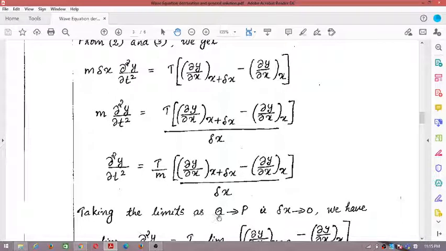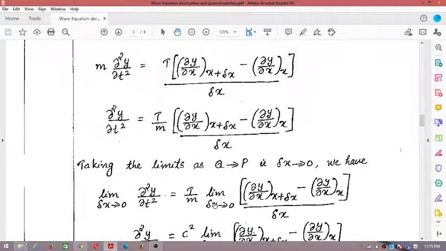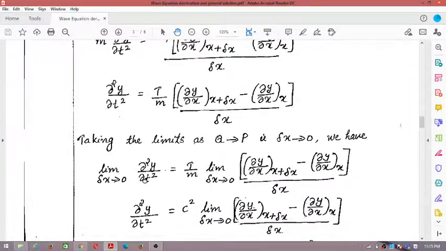We take the limit as Q tends to P. When Q tends to P, we can see that delta x tends to 0, or x plus delta x tends to x. The expression becomes the limit as delta x tends to 0 of ∂²y/∂t² on the left-hand side. On the right, T and m are constants, hence they can be taken outside: T by m times the limit as delta x tends to 0 of [∂y/∂x at x plus delta x minus ∂y/∂x at x] divided by delta x.